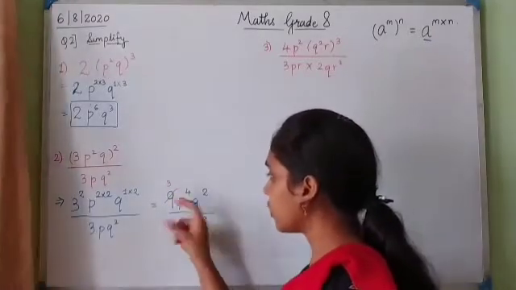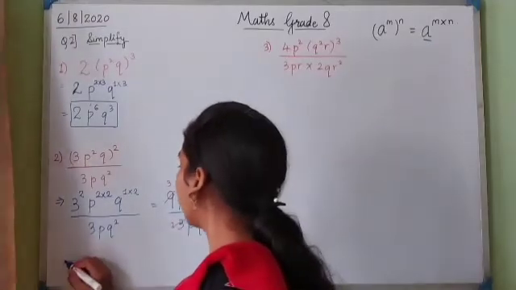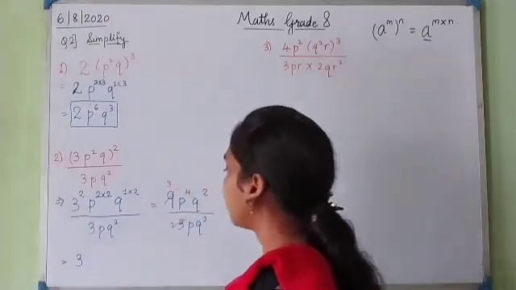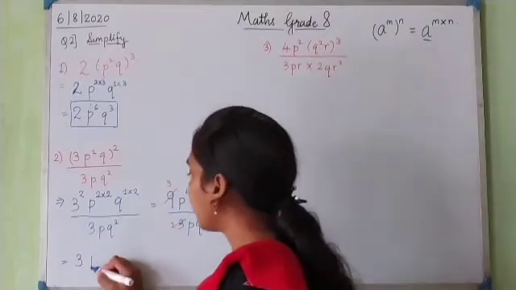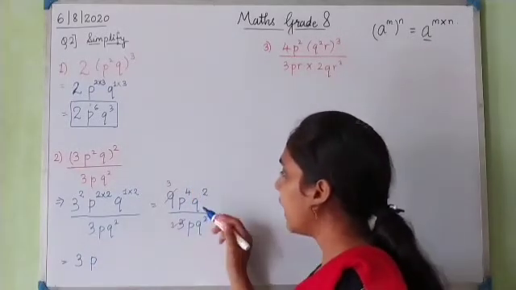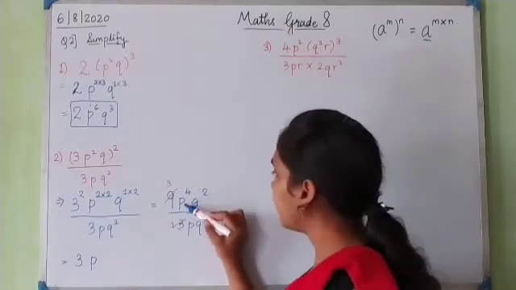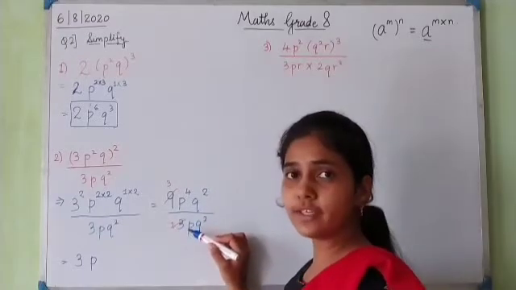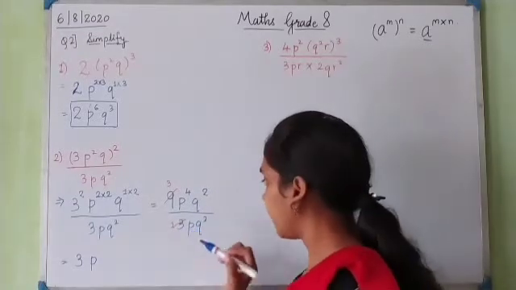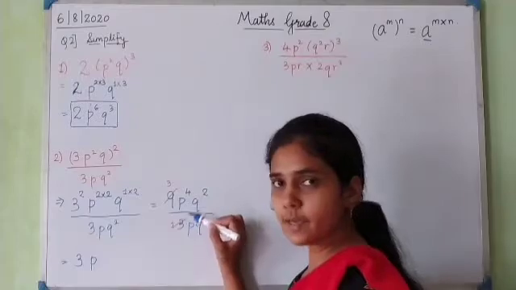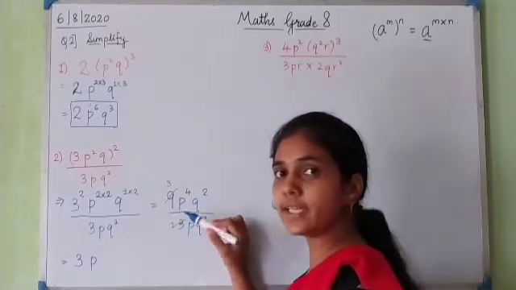Now the constant which I have got is 3, right? 3 is the constant, p is the first variable, and here p raised to 4, and in the denominator there is only p. So the bases are same, powers are different, and they are divided.